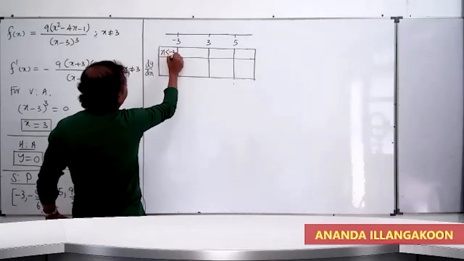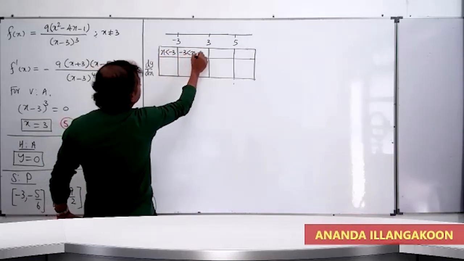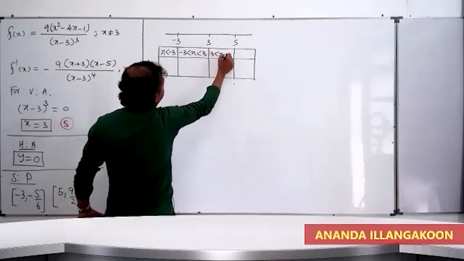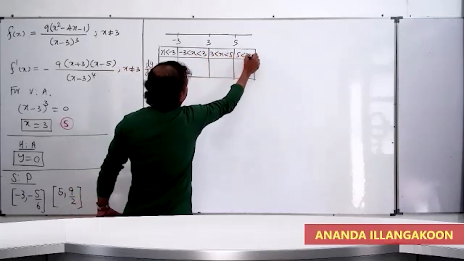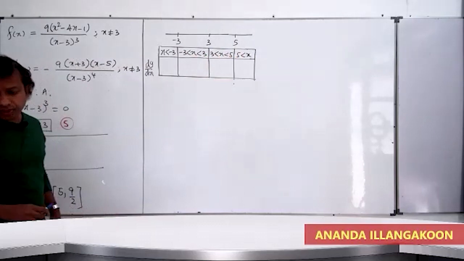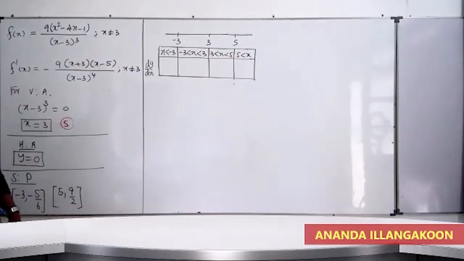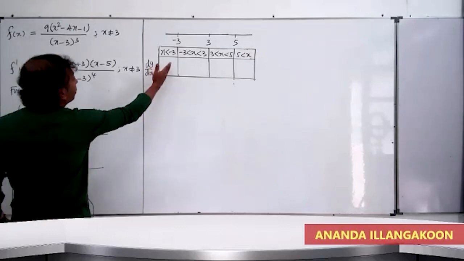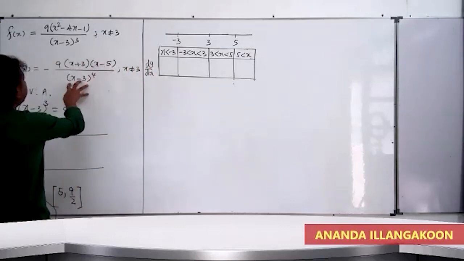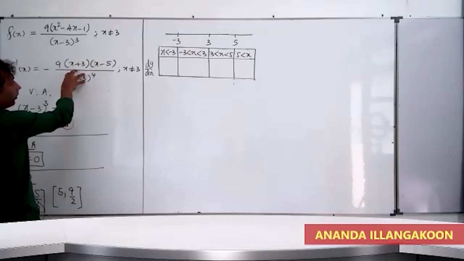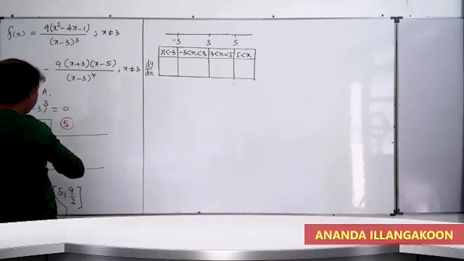The intervals are x less than minus 3, minus 3 to 3, 3 to 5, more than 5. In each interval, you have to find the sign. For less than minus 3, put minus infinity. The denominator is always positive, and minus, minus, minus gives minus.